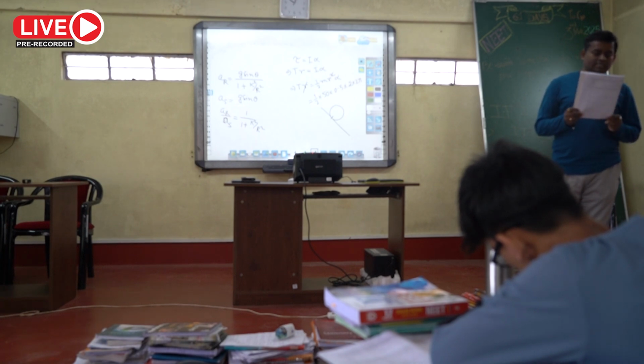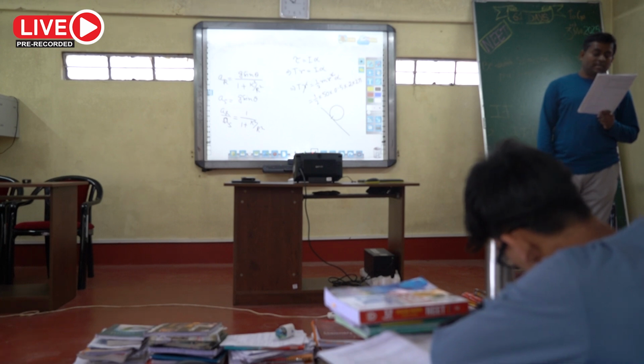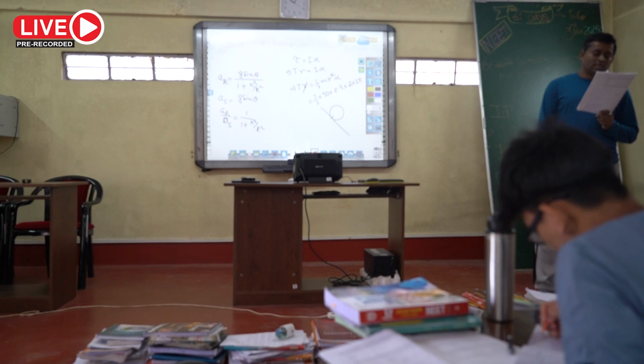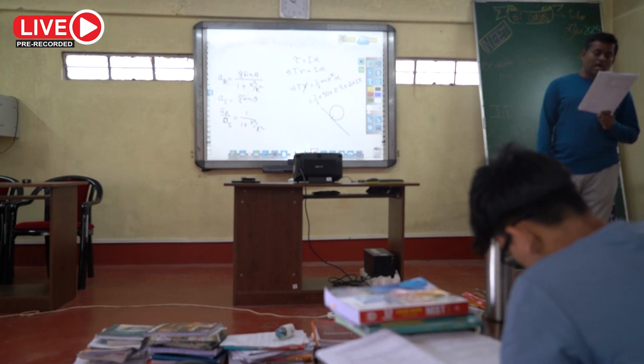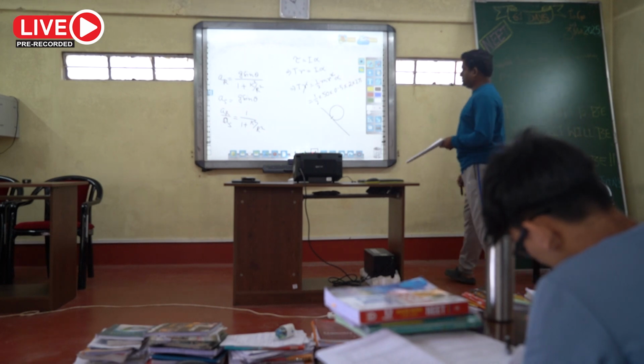Next question is also very easy. Question number 11. A black hole is an object whose gravitational field is so strong that even light cannot escape from it. To what approximate radius would Earth have to be compressed to be a black hole?